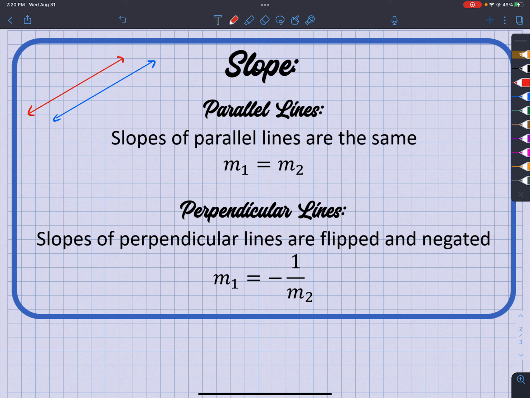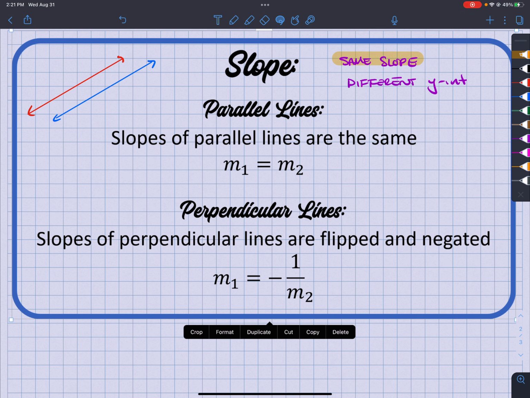Parallel lines are lines that have the same slope but different y-intercepts. That's what we know about parallel lines. The slope is the same. So we do have to remember that.